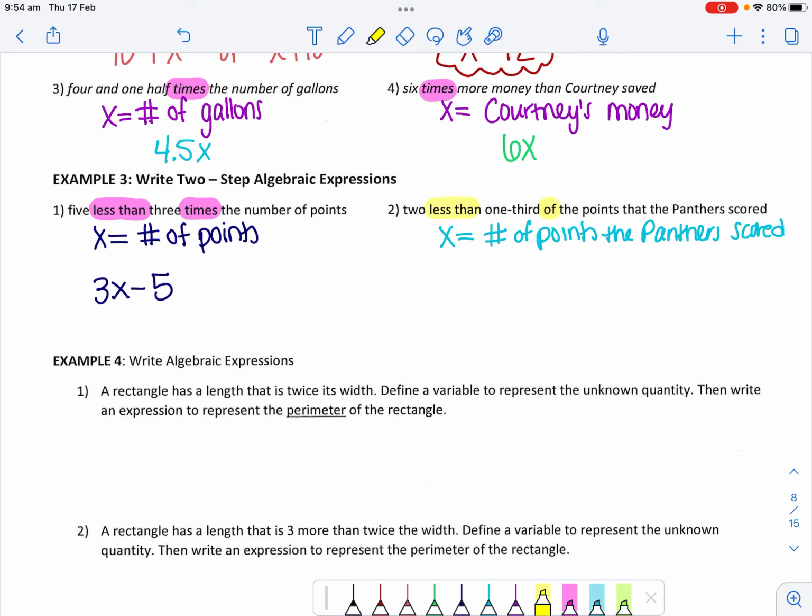So there's my 2 operations. I've got subtraction and I've got multiplication. So 1/3 times x. Okay, 1/3 of the points. So 1/3 x. And then I'm going to take 2 points away from that. So 1/3 x minus 2. Less than and fewer than are probably the trickiest ones because you do have to kind of think of the operations in the opposite order. The order of subtraction matters.